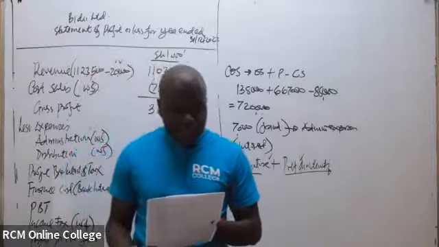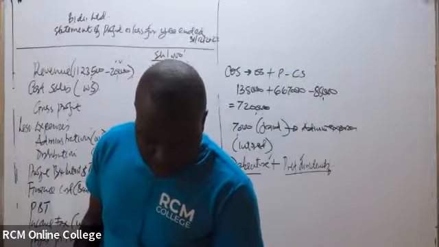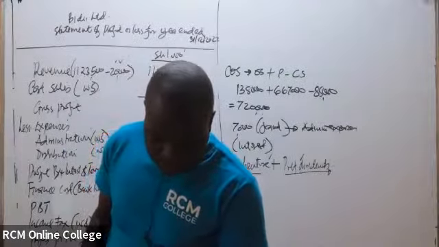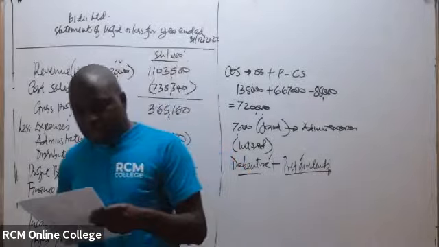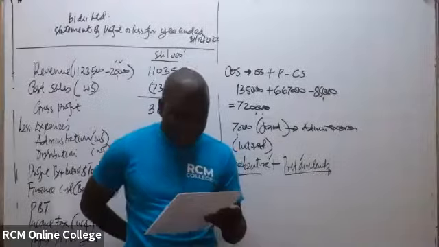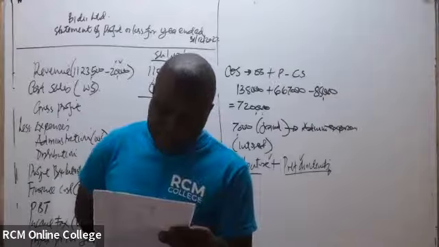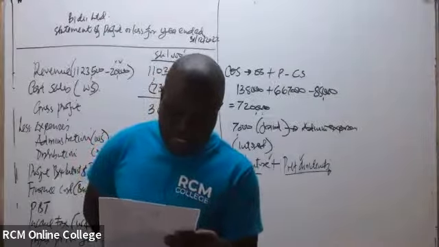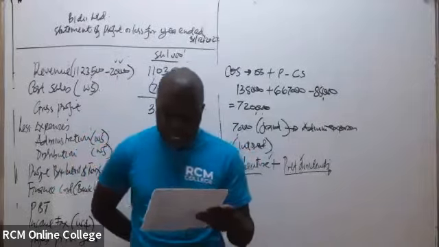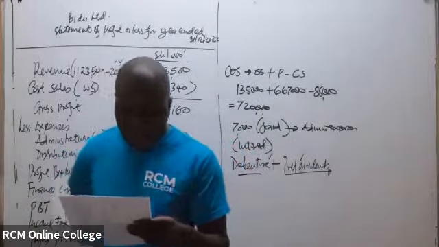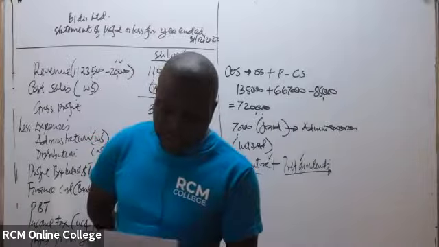And of course, you are told that there was an interim dividend that was actually paid of 10 million. So we can look at how these items are having to change, but we also have to take note of an item here. On 30th December 2022, the company directors invited the current shareholders to subscribe for a rights issue on the basis of new shares for every 5 shares held at an exercise price of 15 shillings.